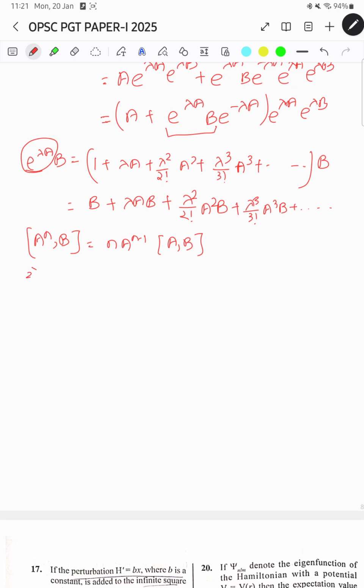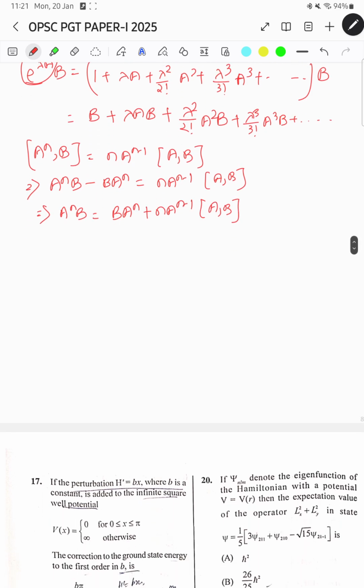Okay, and if I have to write it explicitly, we can write it also as a to the power n b minus b a to the power n is equal to n a to the power n minus 1 [a, b], and this will become a to the power n b is equal to b a to the power n plus n a to the power n minus 1 [a, b].